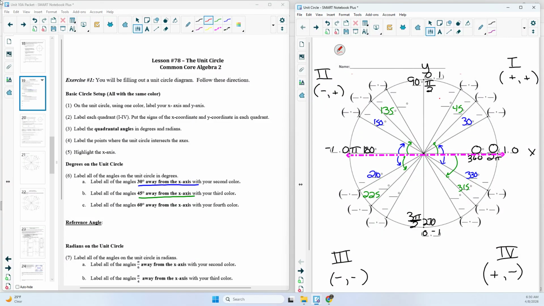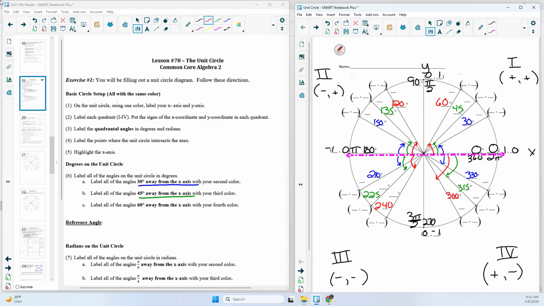Lastly, we'll do the 60, so this is red, so I have 60, this one is going to be 120, so these two from my x-axis have that same measurement. 180 plus 60 is 240, and 360 minus 60 is 300. So my degrees are done.